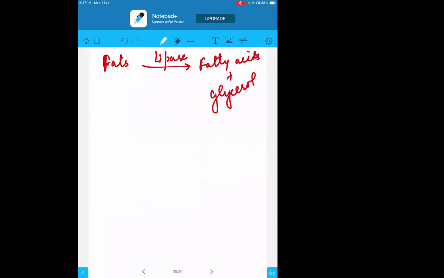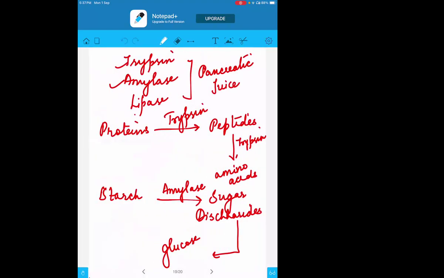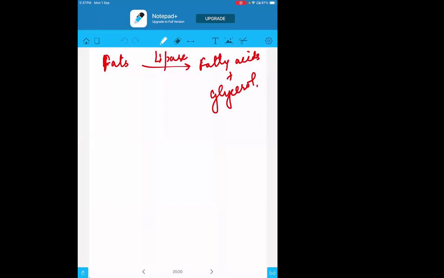So in a simple way, three enzymes are there. Trypsin works on the protein and converts it into amino acid. Amylase works on the starch and converts it into glucose. Lipase works on the fats and converts them into fatty acids and glycerol. This is very simple language.